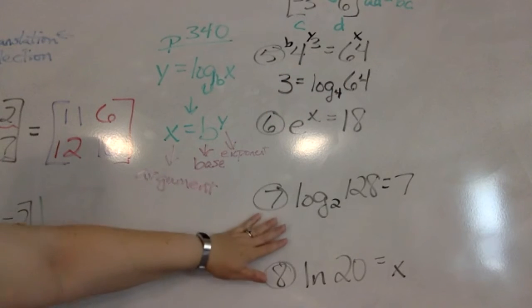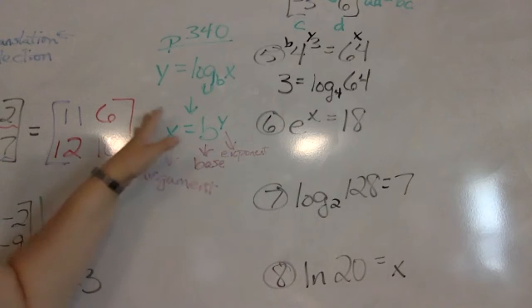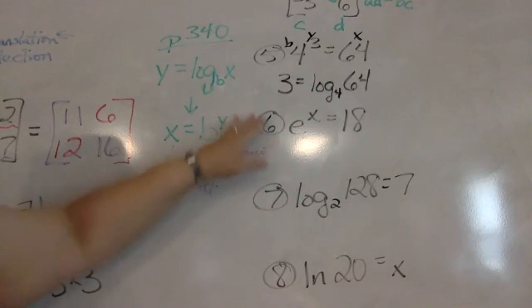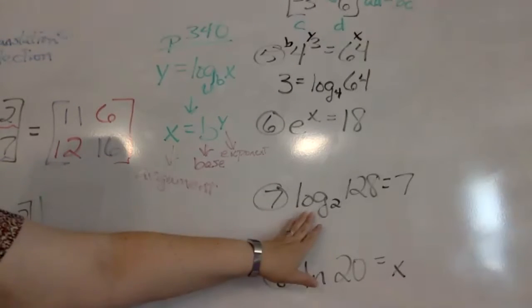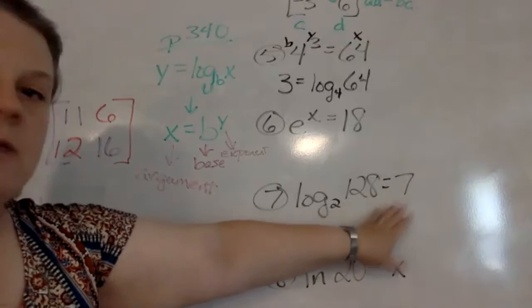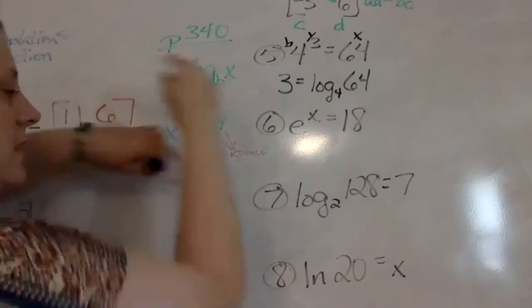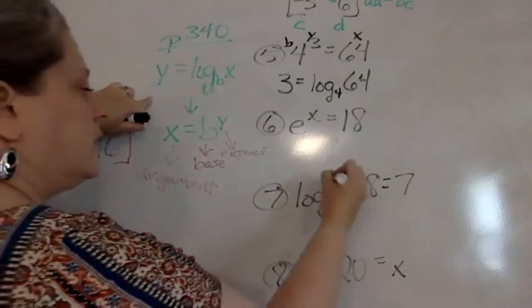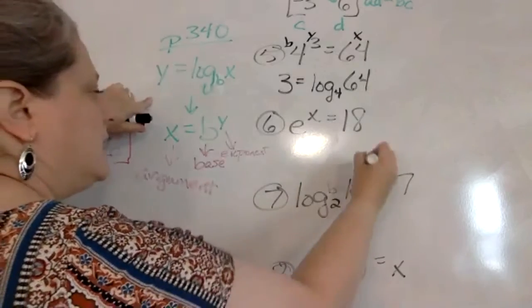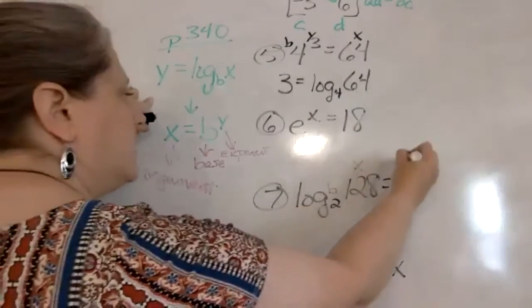Now on number 7, I said we're going to skip and do that one first because it's using the same one, and then we'll talk about the natural logs. We have log 2 of 128 equals 7. So this is the same thing as this up here. They just switched what was on the equal side. This is still the little b, this is still the x, and this is still the y.